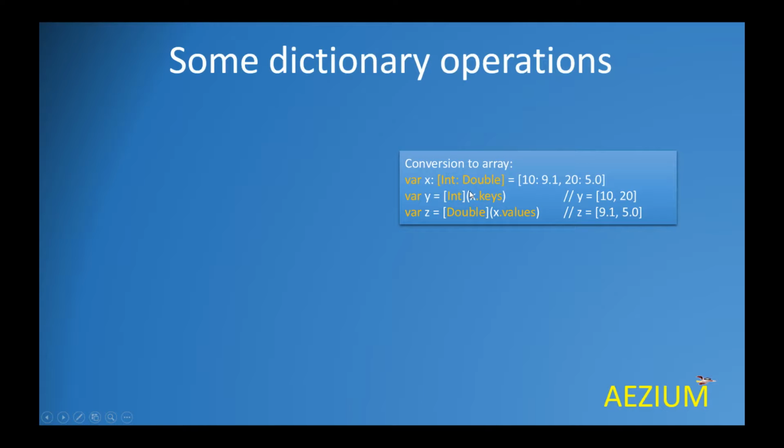Now we put those within parentheses like so, and before that we place square brackets, and within that we put the type of the keys of the dictionary of interest. So here the keys are of type integer, that's why we have integer here.